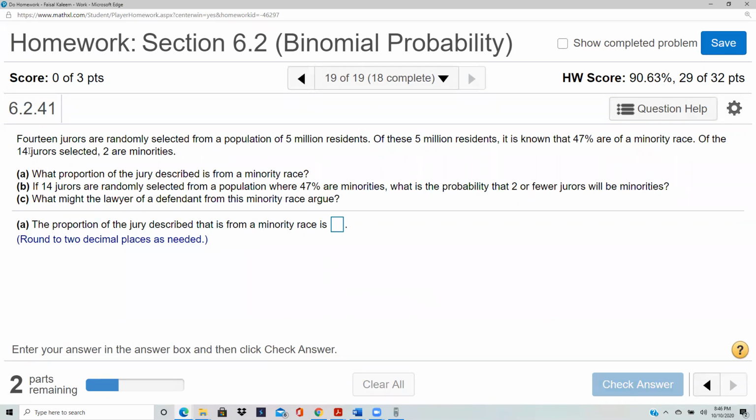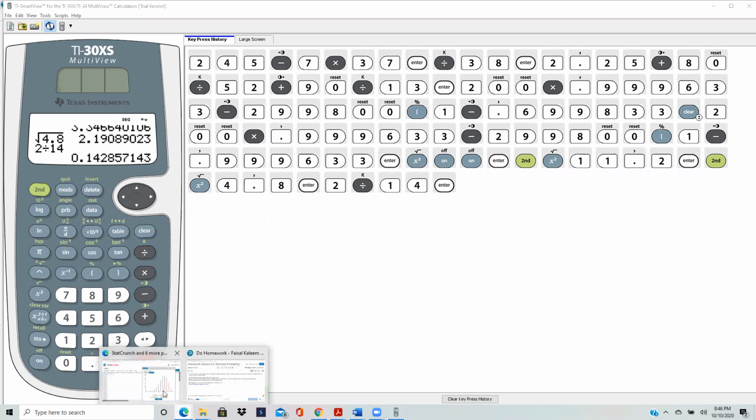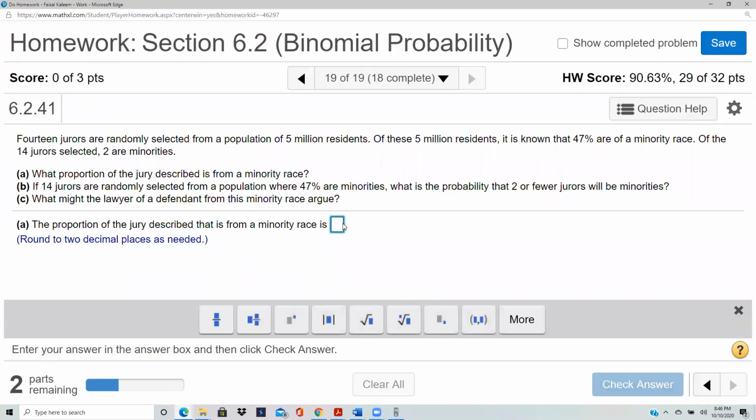So that's just 2 out of 14. And we see what decimal that would be. 2 out of 14 is 0.1429, so 0.14.